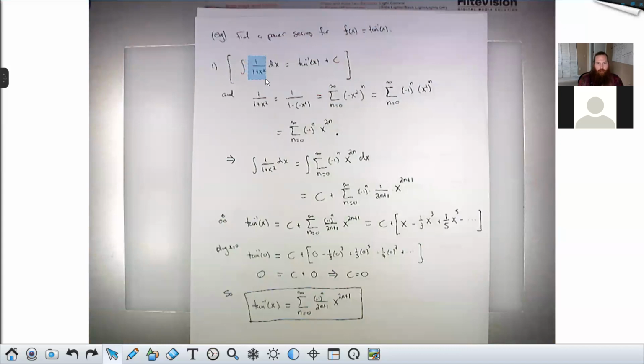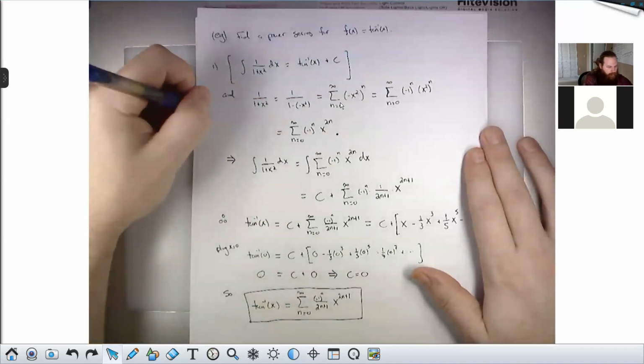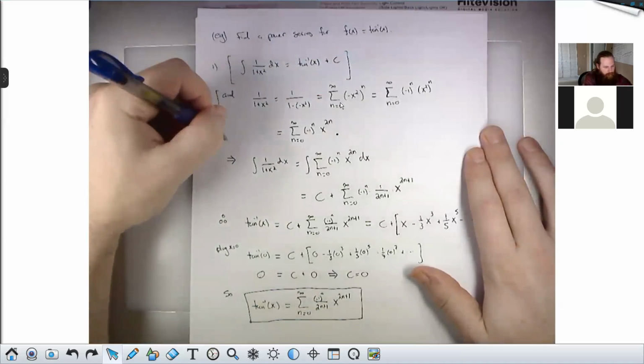So I can find a series for 1 over 1 plus x squared, integrate that, and that will give me a series for arctan. So our first step is to just remember that arctan can be gotten as the integral of 1 over 1 plus x squared. Then I find a series for 1 over 1 plus x squared.